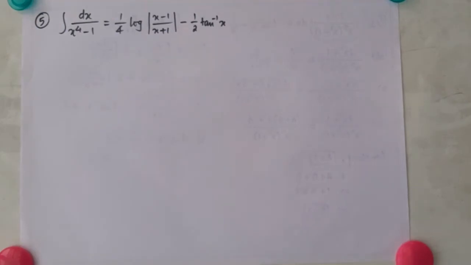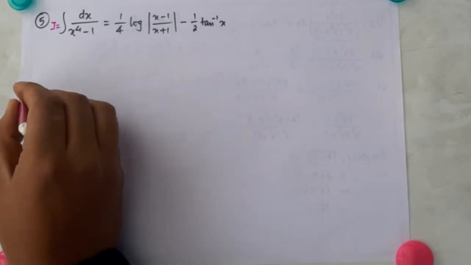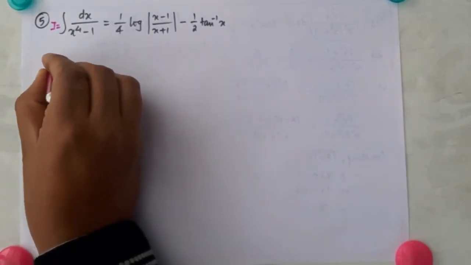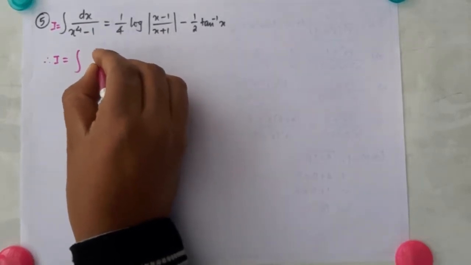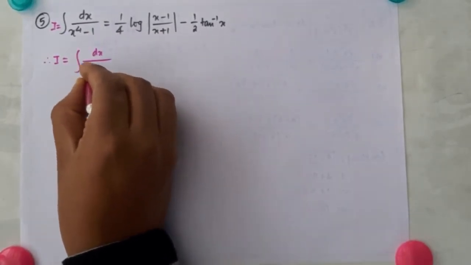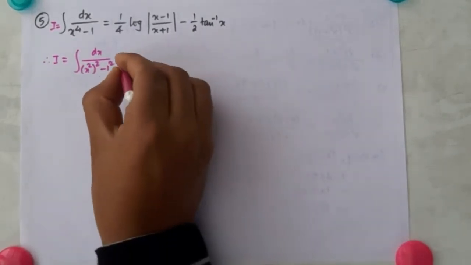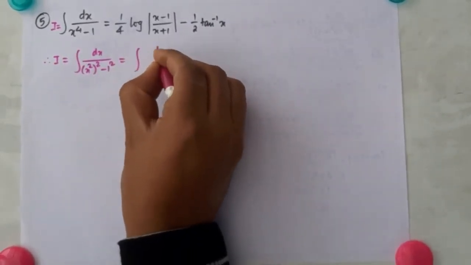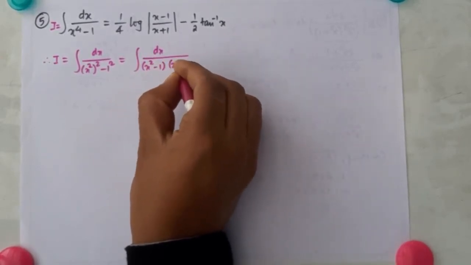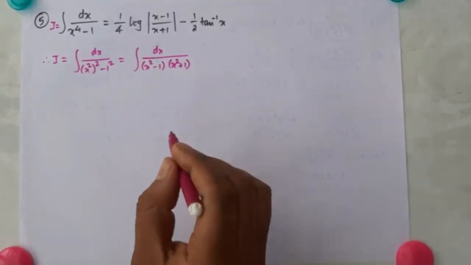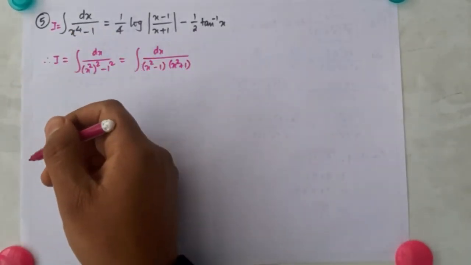Okay, let's observe this now. If I call this integral I, so your I becomes, can I write this as dx by (x square) whole square minus 1 square? Can I do that? Yes, I can. So this can be written as dx by x square minus 1 into x square plus 1. Now again you see that the degree of the denominator is 4, so we don't have any choice here.